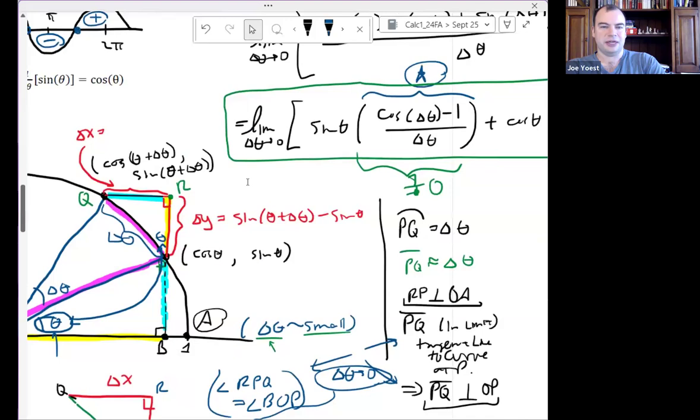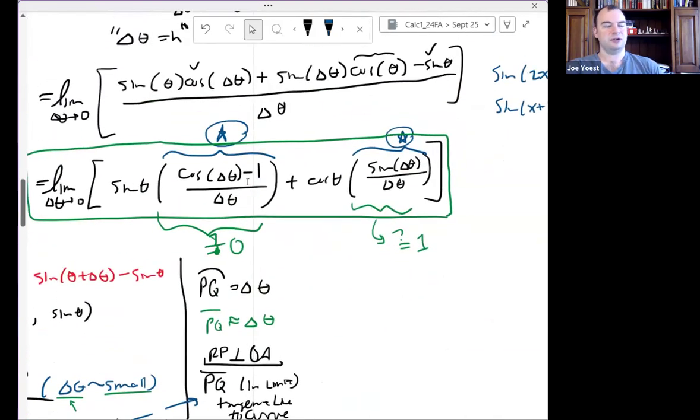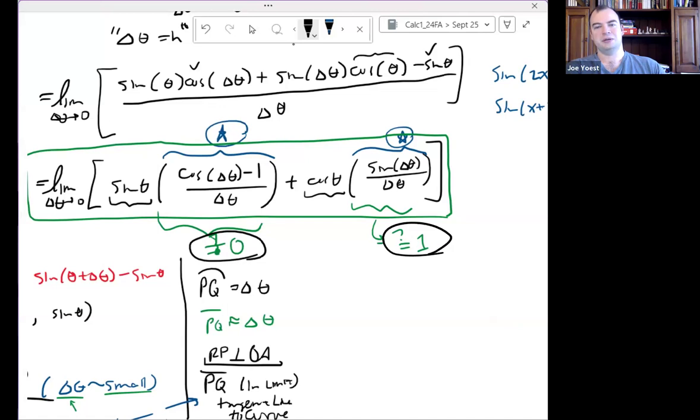Now, what can we get out of that? If we've proven the derivative of sine theta is cos theta, and that has to be true for all theta, well, there is a sine theta and there's a cos theta. The coefficient of sine theta must be 0, and the coefficient of cos theta must be 1. Right?